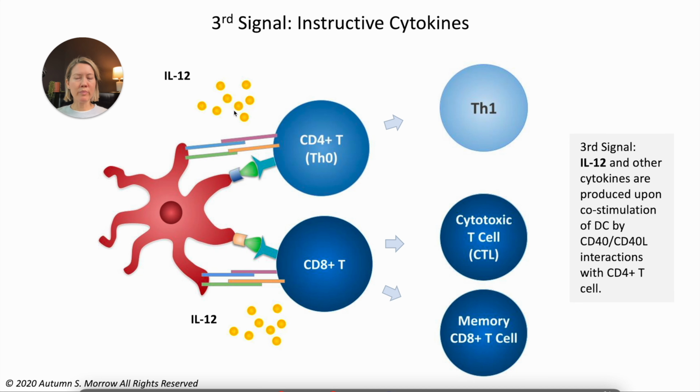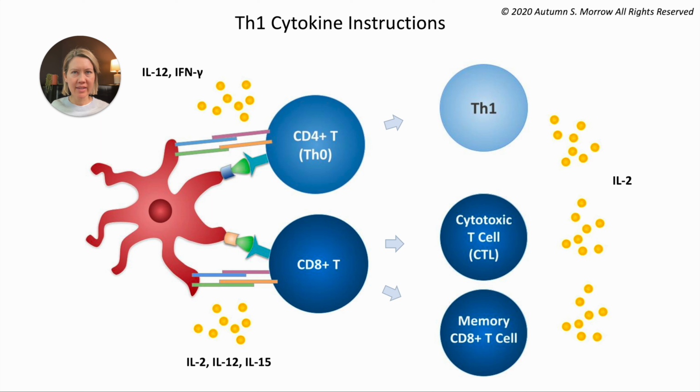Similarly, IL-12 can help the CD8 T cell mature into either a cytotoxic T cell or a memory T cell. IFN gamma is another cytokine that helps to activate the dendritic cell to produce more IL-12, and both help to aid in the induction of the Th1 response.